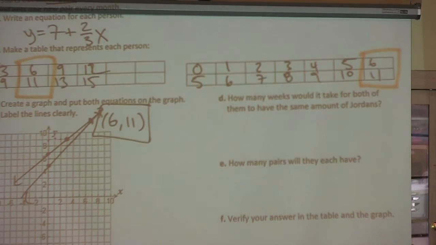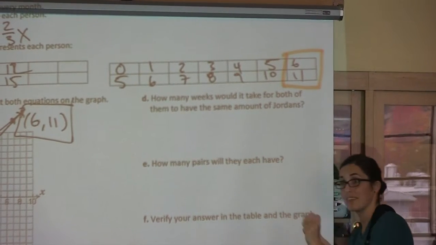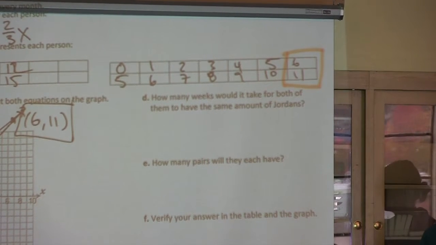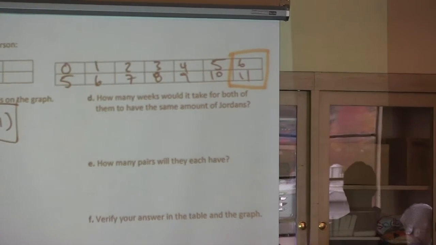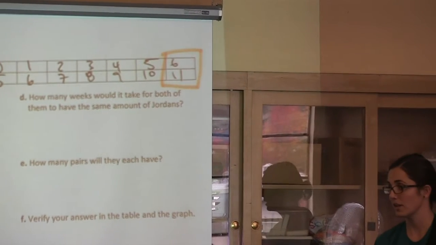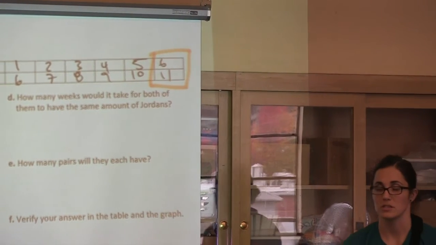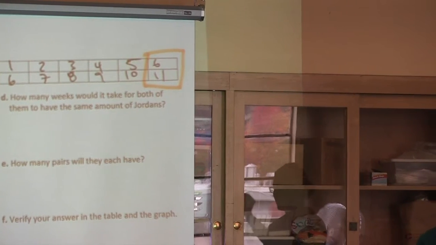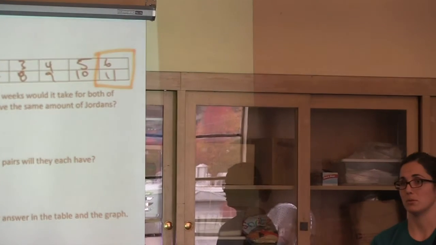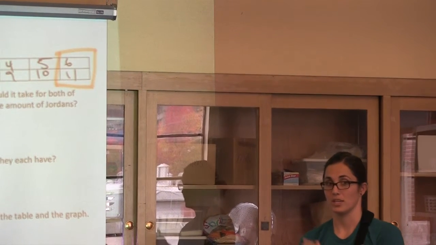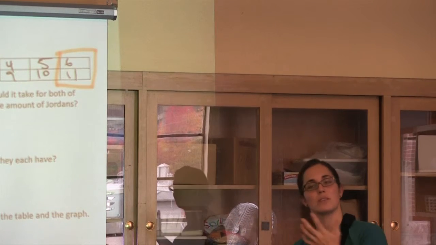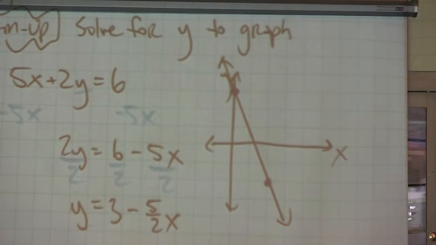It always has to be the same. So this should make sense to you guys, right? All of you in here are bright enough to be like, yeah, that's the same, that's the same, that's the same. It's not tricky. So I want you to keep this in mind, because when we start solving our revenue equations, it should be the same on the graph and on the table and when you solve it. If it's not the same, it means something happened. It should make sense. I know sometimes we think math doesn't make sense, but it does.